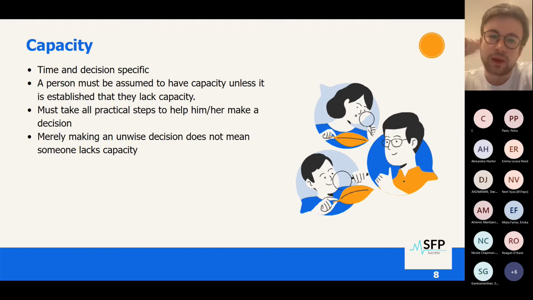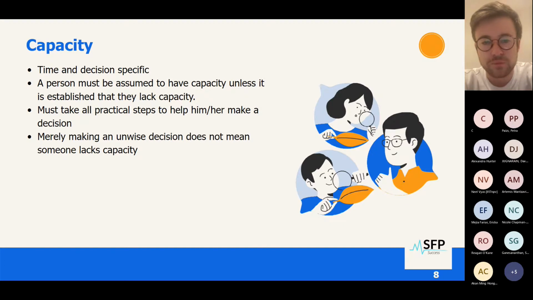You have to assume that everybody does have capacity, unless there's a specific reason why you think that they may lack capacity, and then you have to carry out an assessment. You really have to take as many steps as possible to ensure that they're able to make a decision. And merely if someone makes a really unwise decision, that doesn't mean that they lack capacity. You have to carry out a full assessment, which we'll do in the next slide.